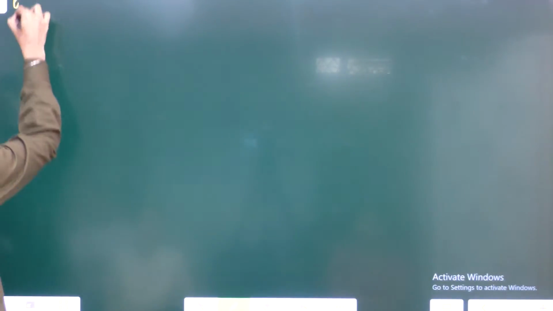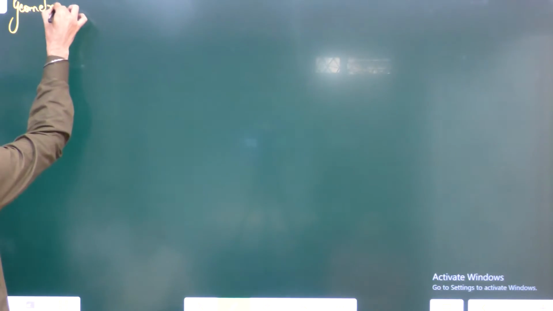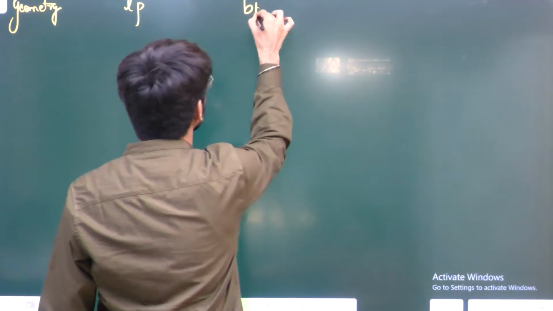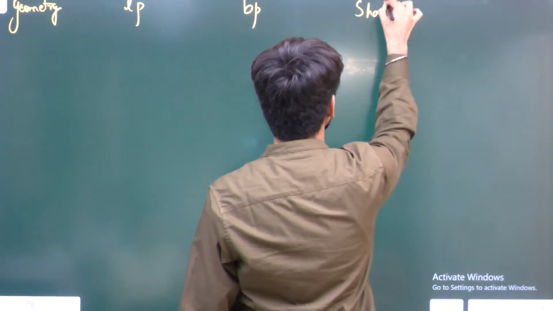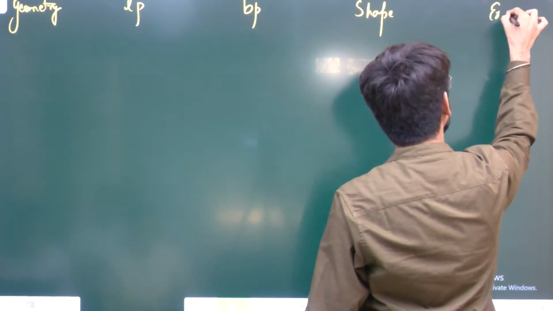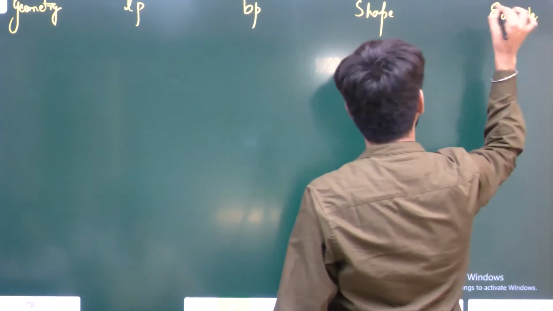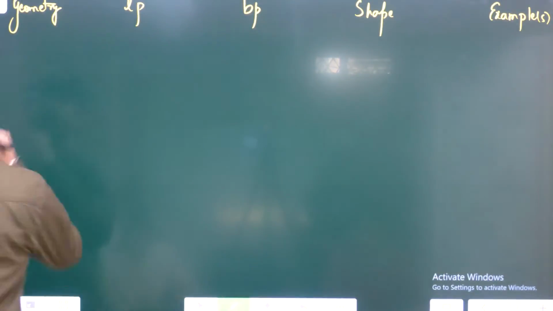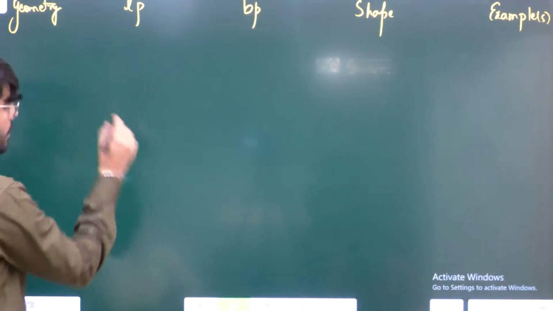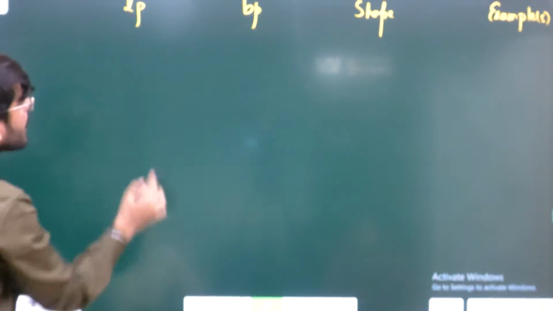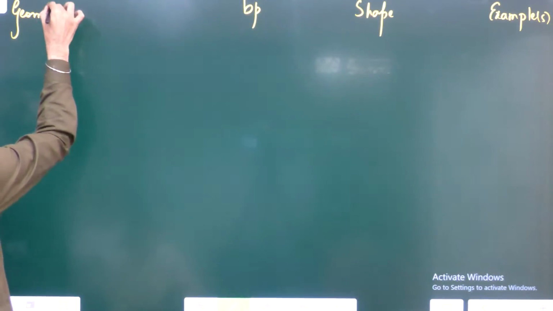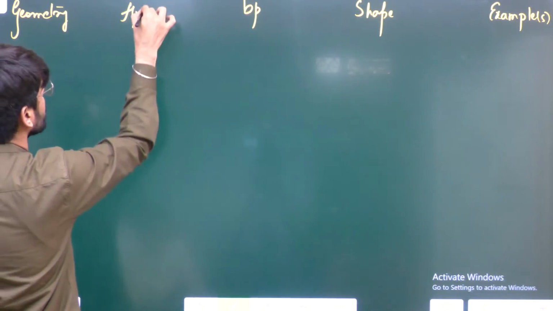Now we will see all the possible cases. Number 1. Here I am writing the geometry. Please make this chart with me. Here I am writing the lone pairs, the bond pairs. Here I am writing the shape or structure, and here the example. ज्योमेट्री और उससे बाद में एक कॉलम और बनेगा हाइब्रिडाइजेशन. तो यहाँ पे मैं ज्योमेट्री लिख लेता हूँ और यहाँ पर हाइब्रिडाइजेशन.